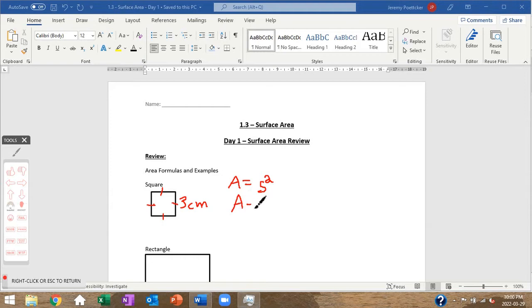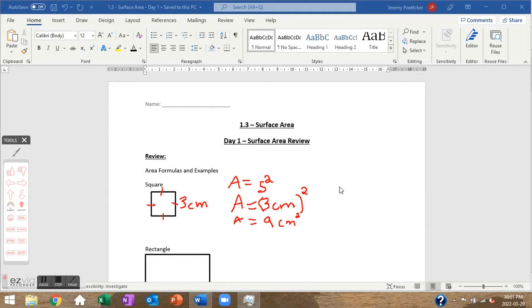Area here, so second step, you're going to substitute in the actual value for the side length. So in this case it is 3 centimeters. And we're going to square that. And then we solve that. 3 times 3 is 9. And the units are going to be centimeters squared.